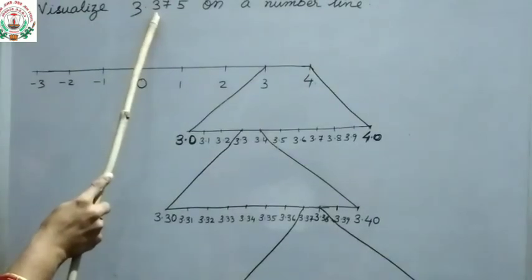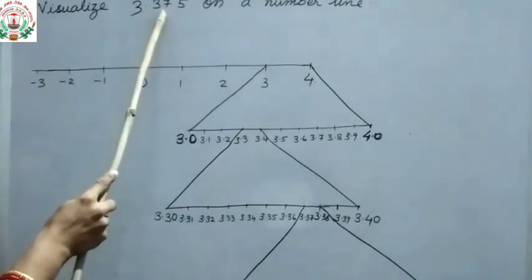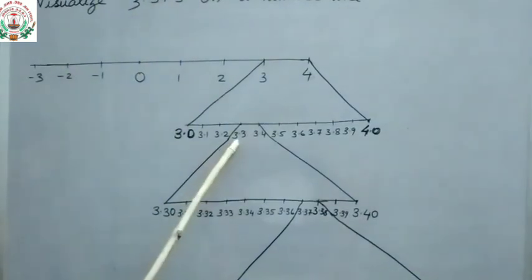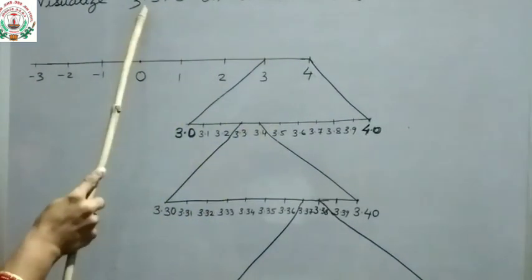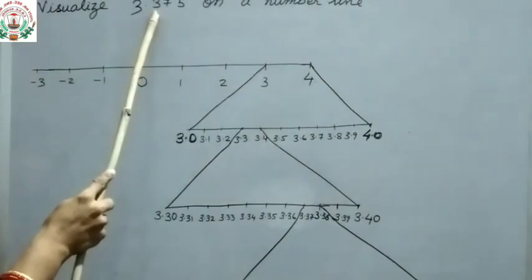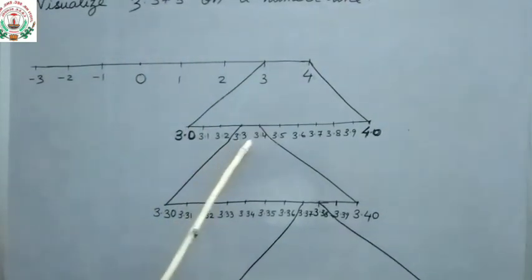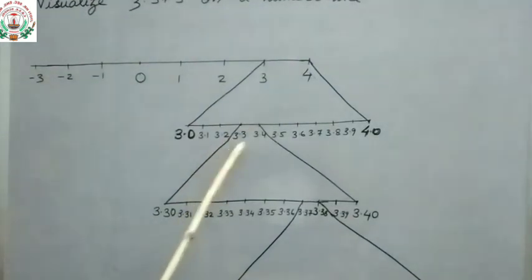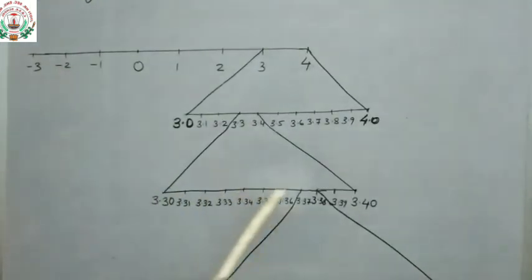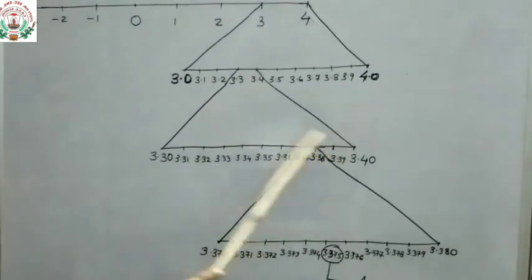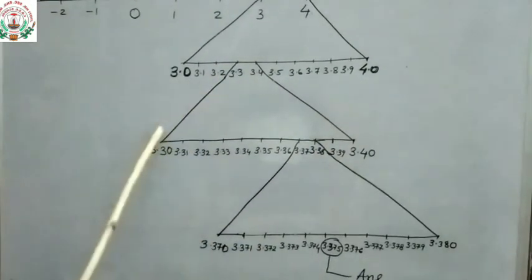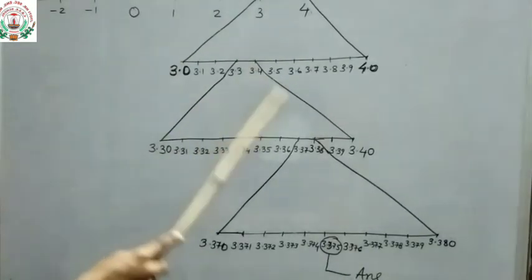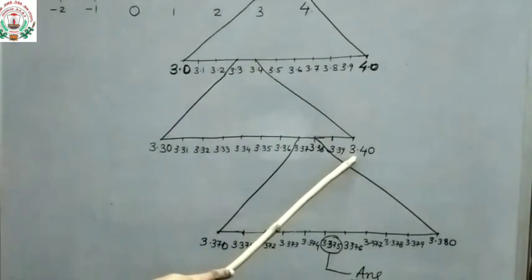After the decimal point, what is it? 3 and then 7. That means our value lies between 3.3 and 3.4, because after the decimal the first digit is 3. So again between 3.3 and 3.4 we will draw a number line. Our starting value of this scale will be 3.30 and the ending value will be 3.40.